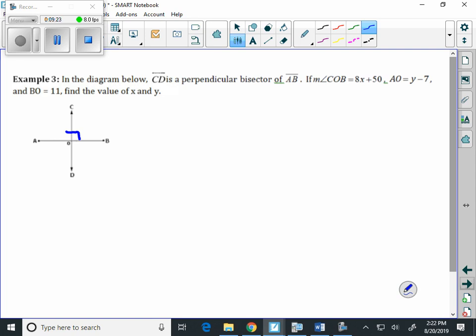If the measure of angle COB is 8x plus 50, well, COB is where we just put our right angle box. So how much is a right angle? 90 degrees. So we can say 8x plus 50 equals 90, and we can solve this equation.